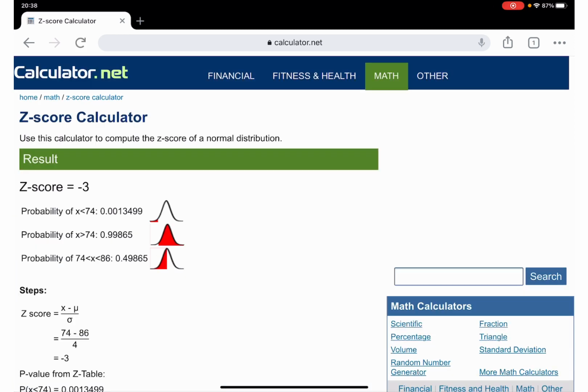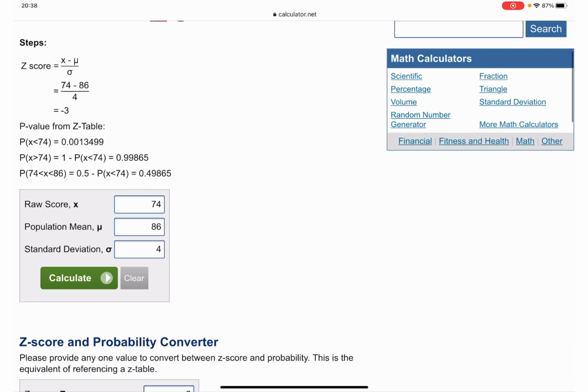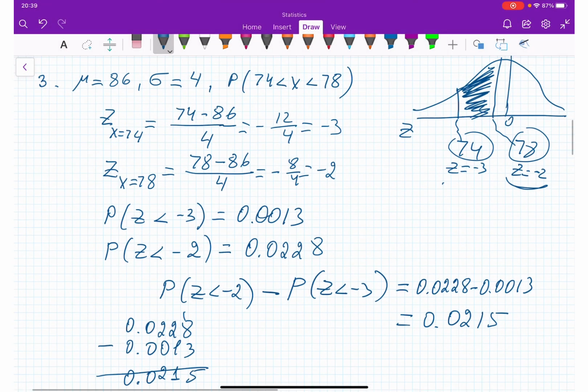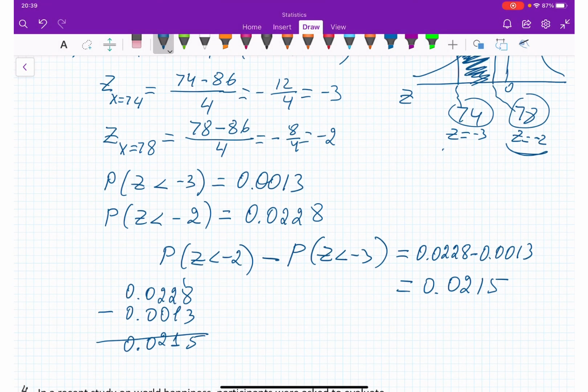For 74 it's going to give us 0.0013499, which means I'm going to subtract 0.0013499, and I'm getting 0.0214 instead of 0.0215.